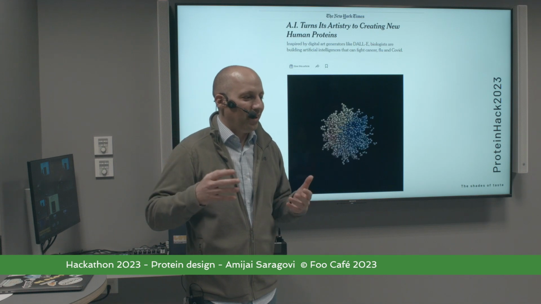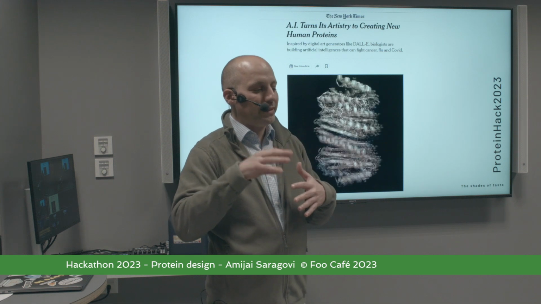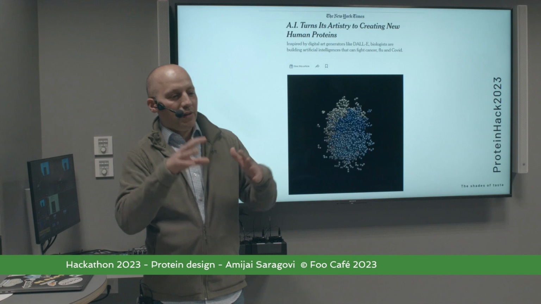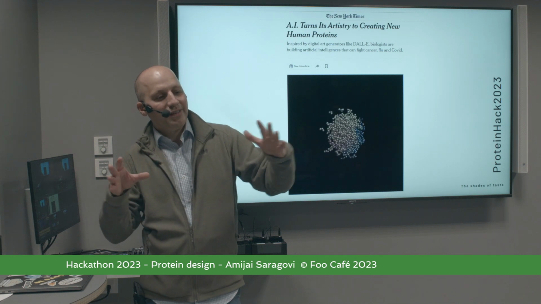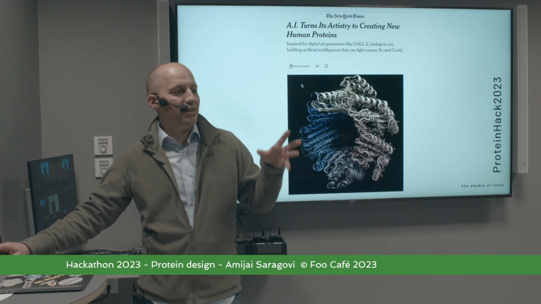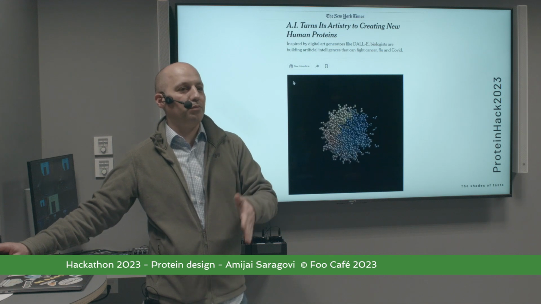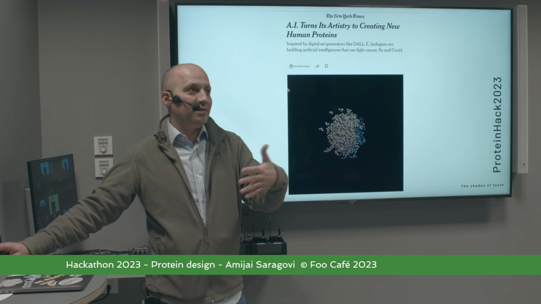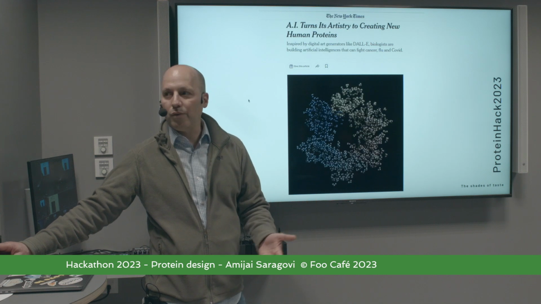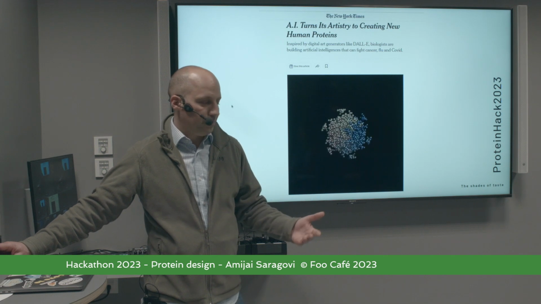And it will start, not exactly randomly, but based on an algorithm, searching the sequence space until it finds something that folds into something it understands as a protein. Then you can start putting restrictions and get things that you like, and generate a lot of structures that hold the properties that you need.